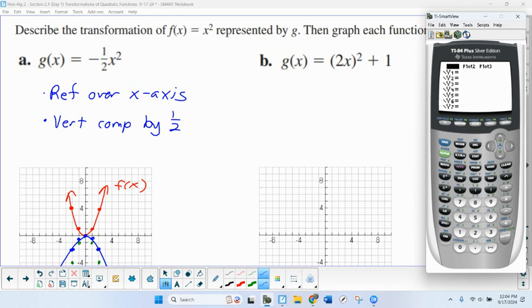You're going to go up, go down, come over. Turn your plot off. All right. Now we're going to put -1/2. I always put my fractions in parentheses because sometimes you have to, sometimes you don't. I always do, and I'm never wrong. -1/2. X, remember, is next to the second function, x. And then I'm just going to do squared, which is the fifth button down on the left.